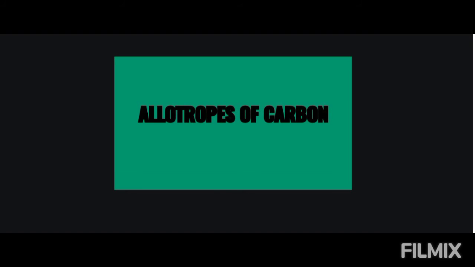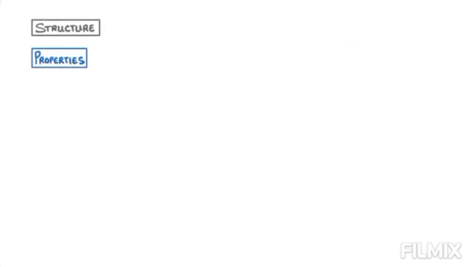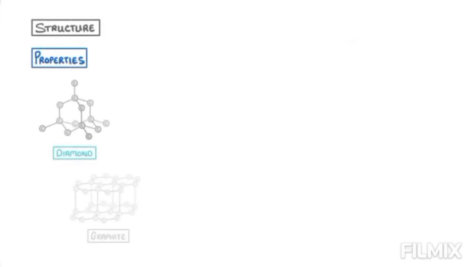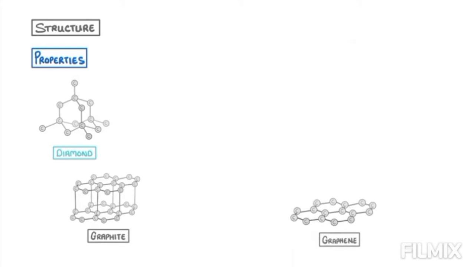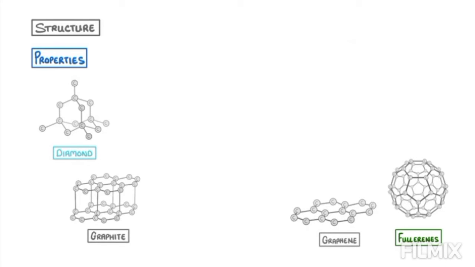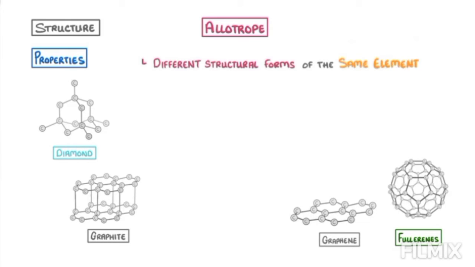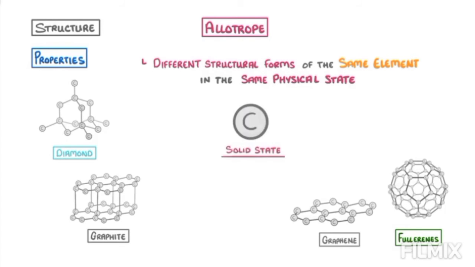Now we can move to allotropes of carbon. The main allotropes of carbon are diamond, graphite, graphene, fullerene, etc. Allotropes are different structural forms of the same element in the same physical state.